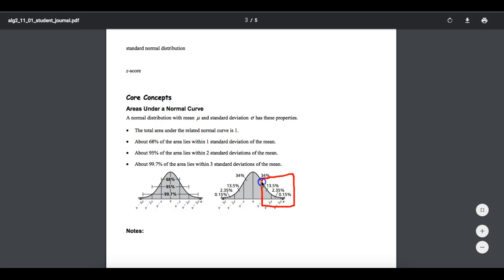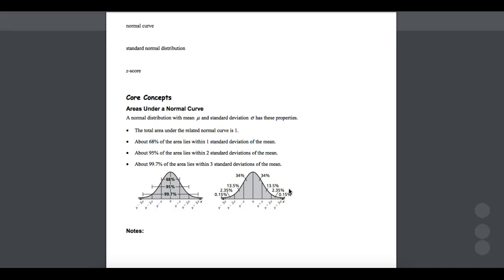So all we need to do is add up these percentages. So 13.5 plus 2.35, so that's 15.85%, plus 0.15%. That should give us about 16%.